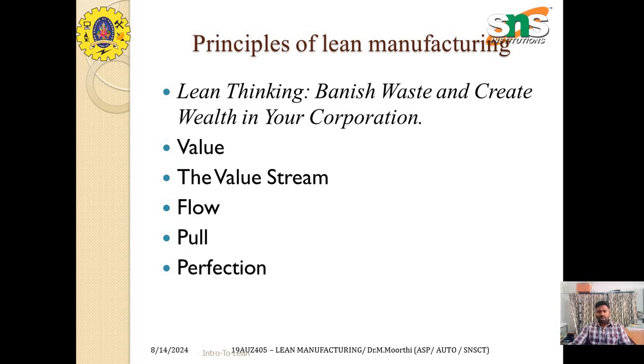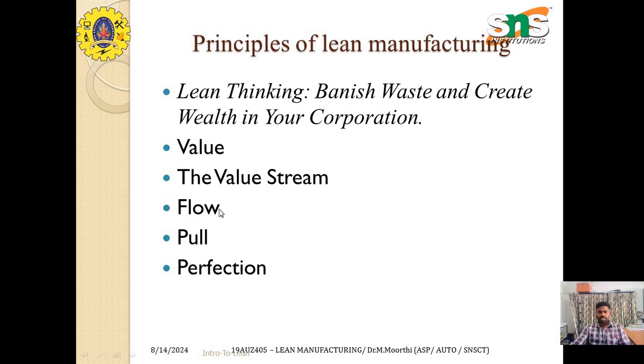For the lean manufacturing implementation in the industry, we have 5 principles. First one is value the customer: what the customer needs, we have to identify from the customer perspective. Second one is value stream mapping, and the third one is the flow.